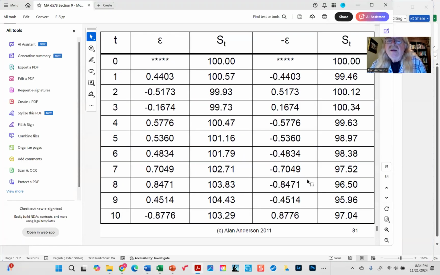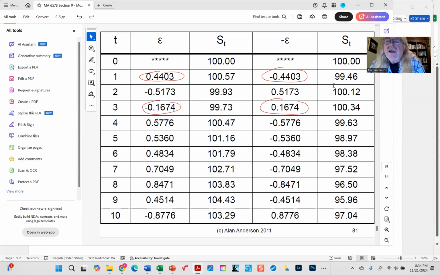But then to create the second path, we have to store the epsilons. Then we replace the positive epsilons with negative epsilons, the same value but negative, and the negative ones become positive. So you're changing the signs of the epsilons and recalculating the stock price.